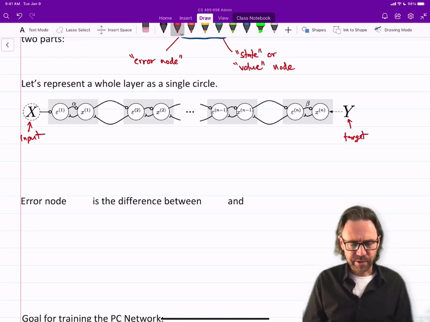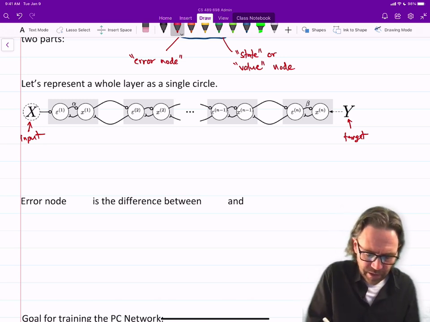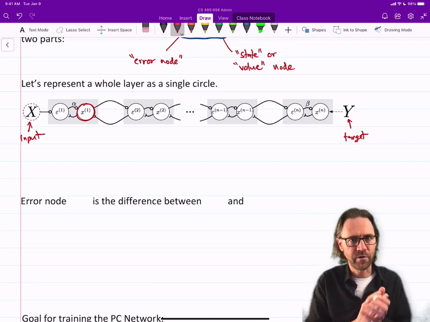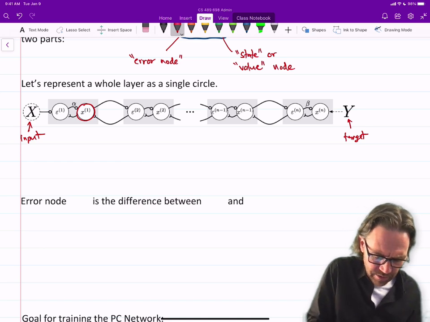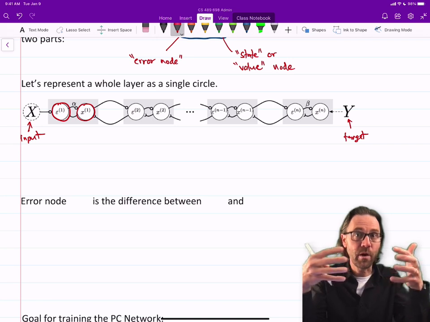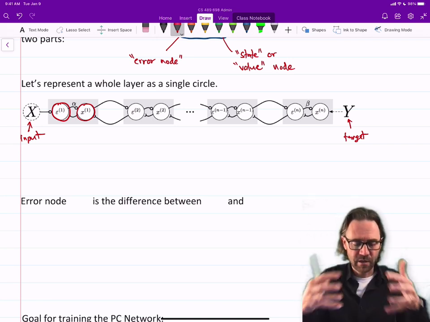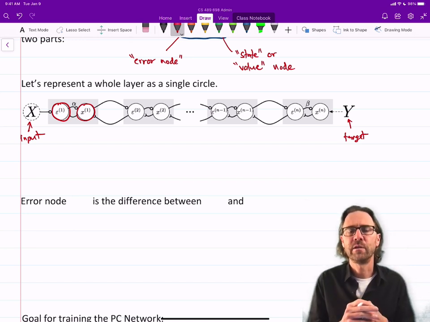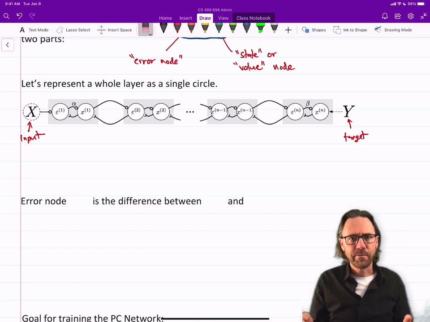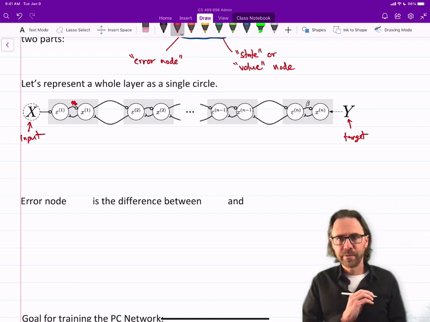And I've got a whole bunch of layers in between, and you can see I've grouped the error and state nodes together, but each circle here actually represents a whole layer, a whole population of neurons, and the error node represents another population of neurons that correspond one-to-one with the state nodes. So there's always a one-to-one correspondence of error nodes and state nodes within a predictive coding layer. Okay, so let's put some other labels here. First of all, we don't need this alpha here. That's for something else. Don't worry about it.